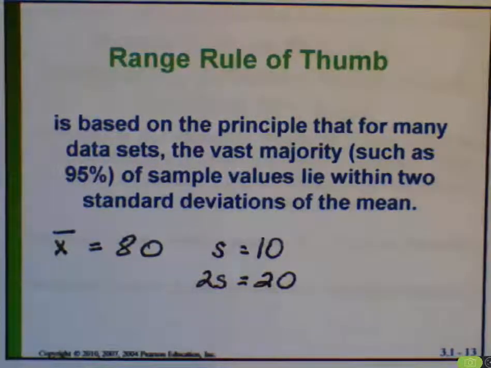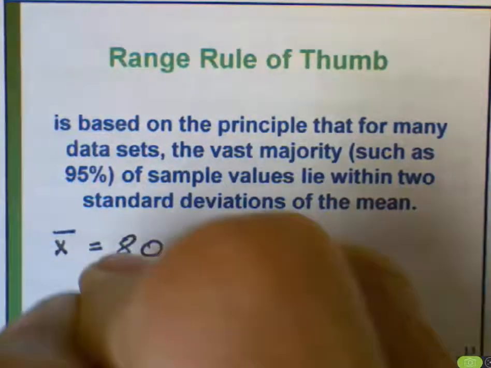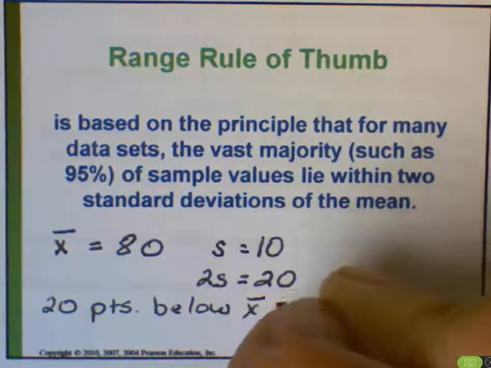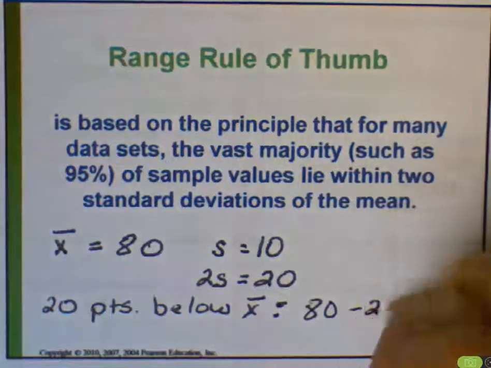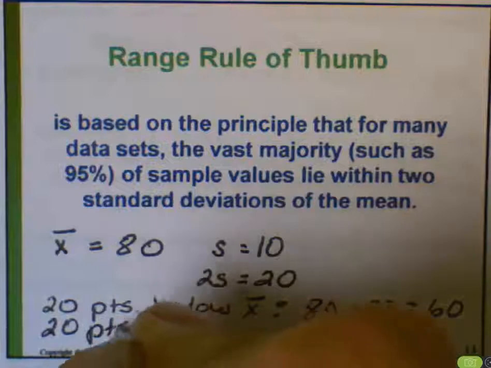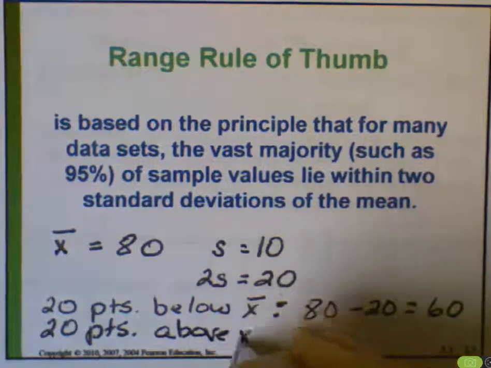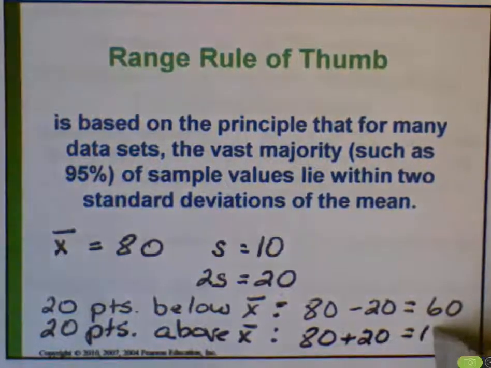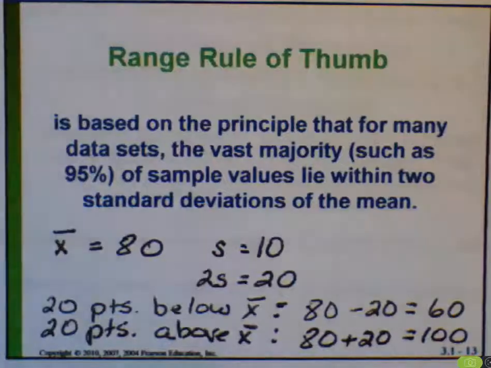And what the range rule of thumb is saying is that 95% of test scores would lie within 20 points of the mean. 20 points below the mean would be the mean minus 20 points, or a test score of 60. 20 points above the mean would be the mean plus 20, or a test score of 100.